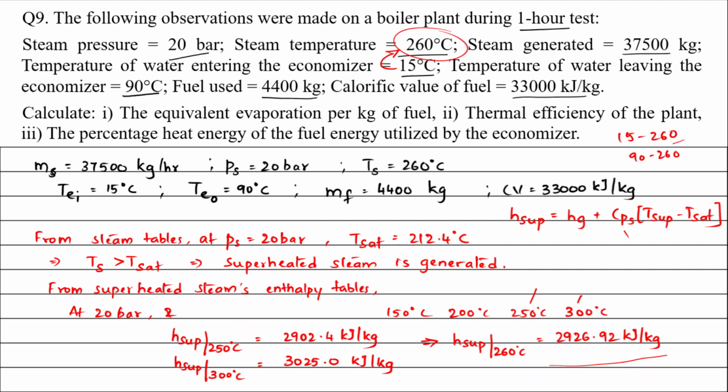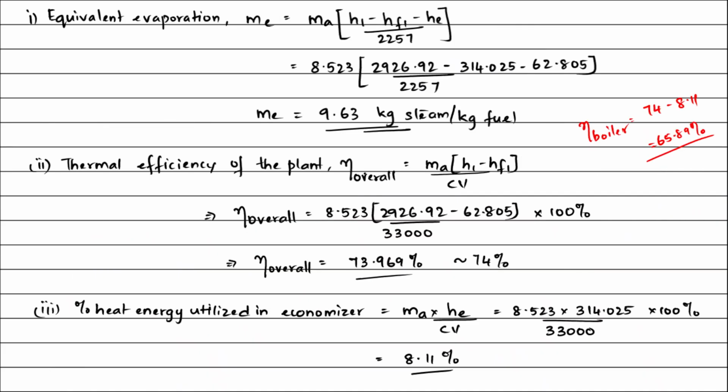So obviously 15 to 260 degrees Celsius requires more energy. That is why the difference in boiler efficiency comes because of adding the economizer. With this we conclude this problem.